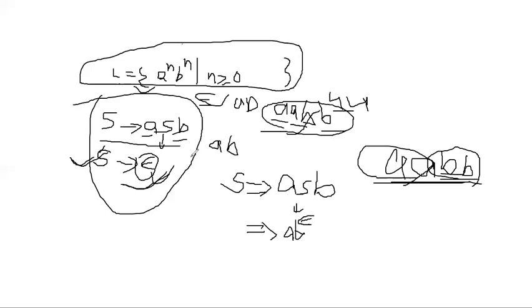In WWR we got two production rules, ASA or BSB. Here we get only one recursive production rule, ASB, and the other production rule is either AB or epsilon. Just repeat the substitution of S with ASB the required number of times, and finally substitute S with either AB or epsilon.